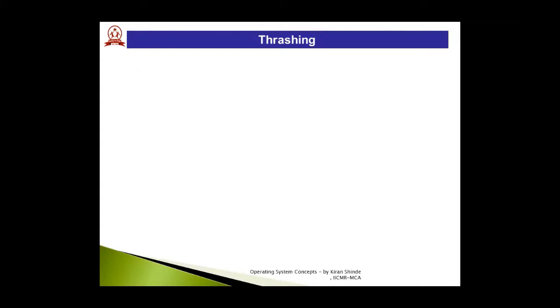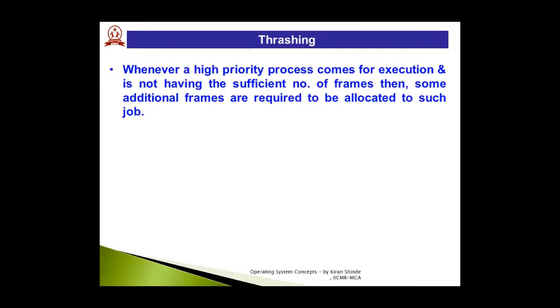Now moving further, the final topic of this particular video lecture is thrashing. Now what do you mean by thrashing? Whenever a high priority process comes for execution and it does not have a sufficient number of frames, then some additional frames are required to be allocated to such a job.